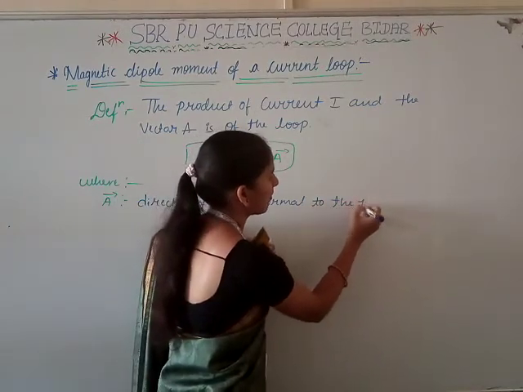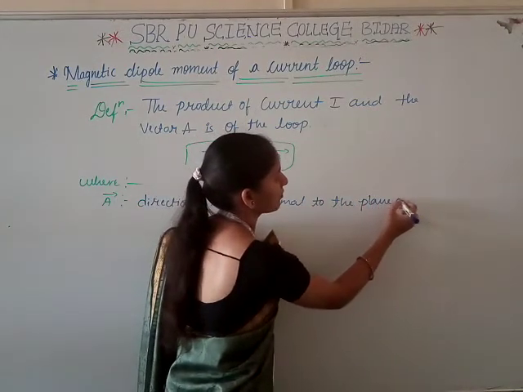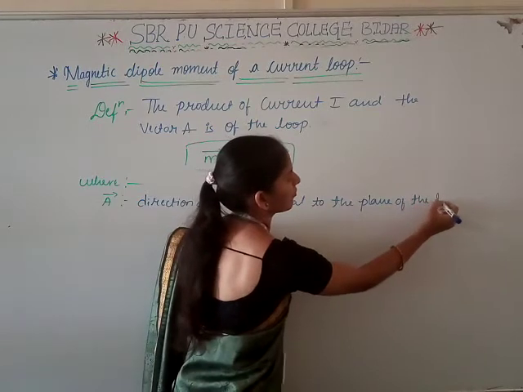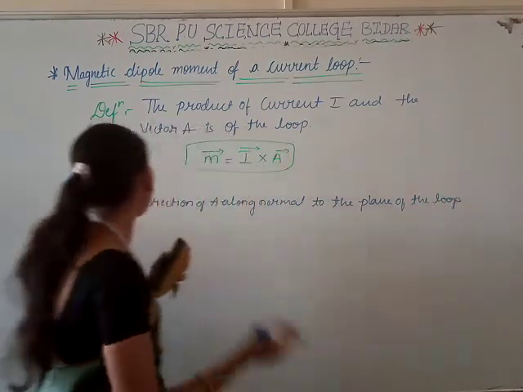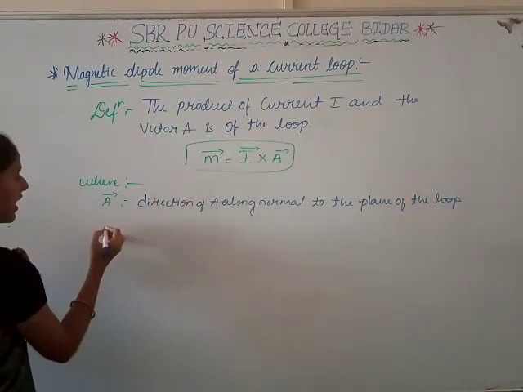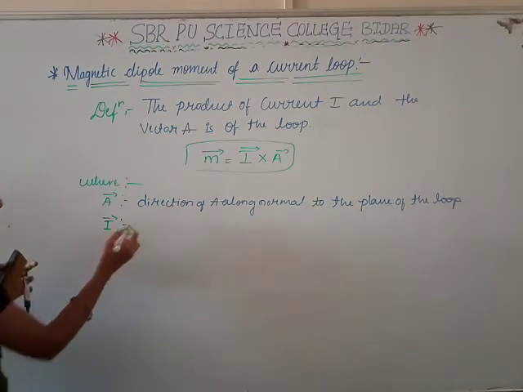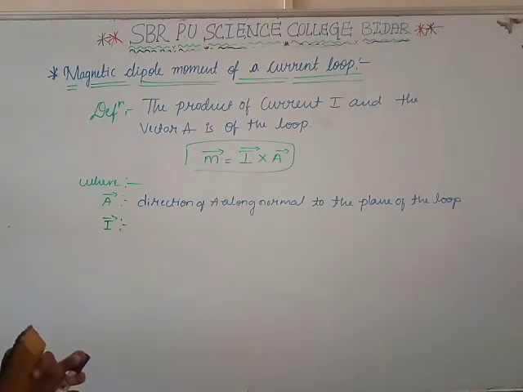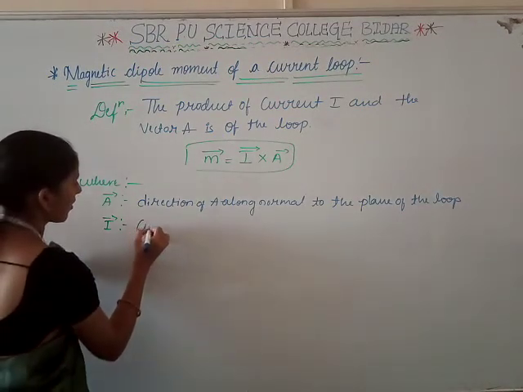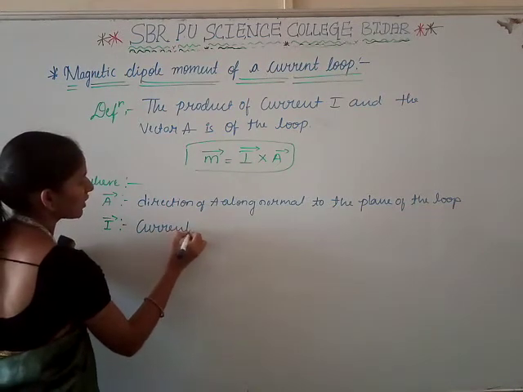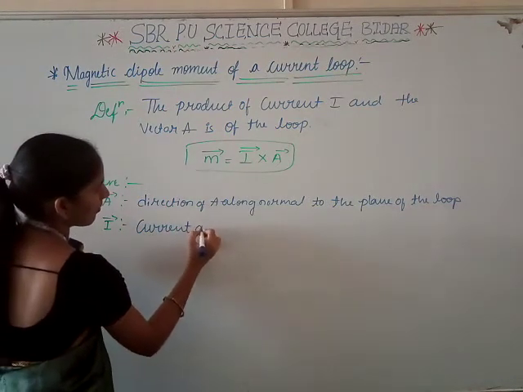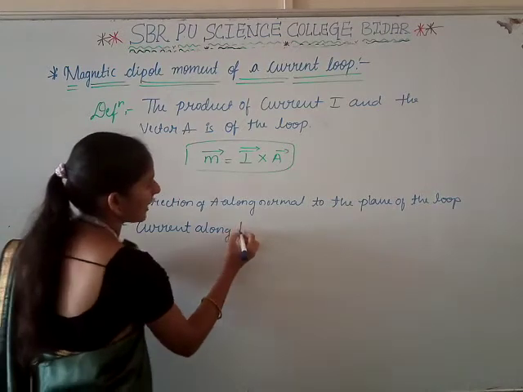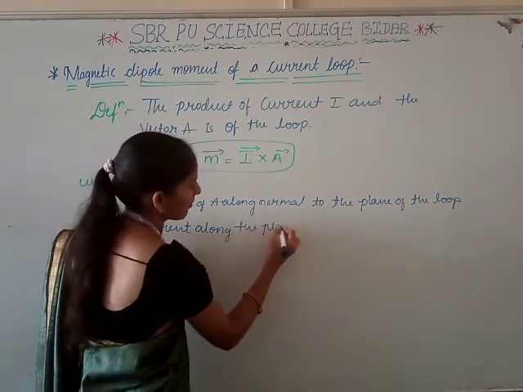Here we are considering one loop, so the direction of A is normal to the plane of the loop. Next we have current I, which is the current along the plane of the loop.